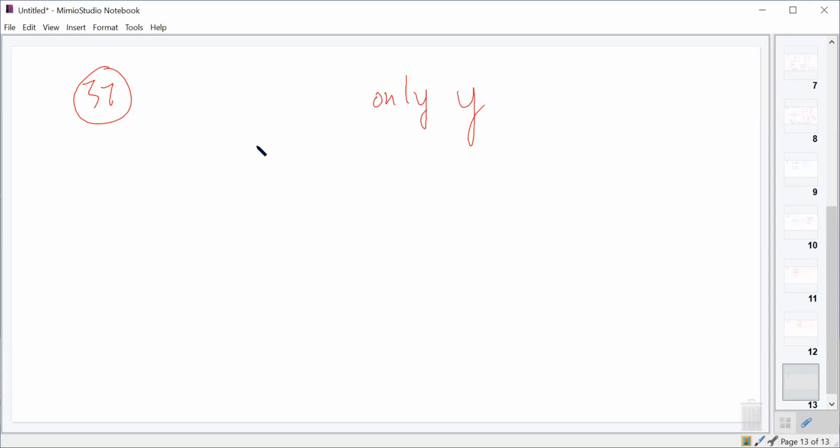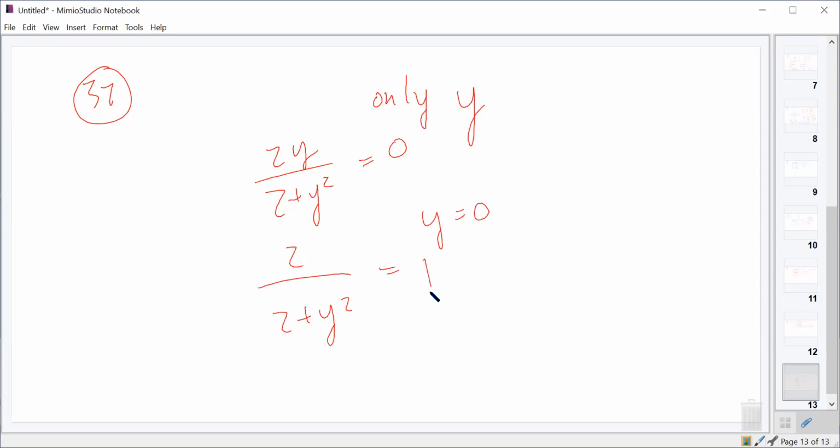So that leaves us with 2y over (2 plus y squared), and 2 over (2 plus y squared). And then we just need to see which of those makes more sense. If we plug in something like y equals 0, this one would be 0, and this one would be 1.